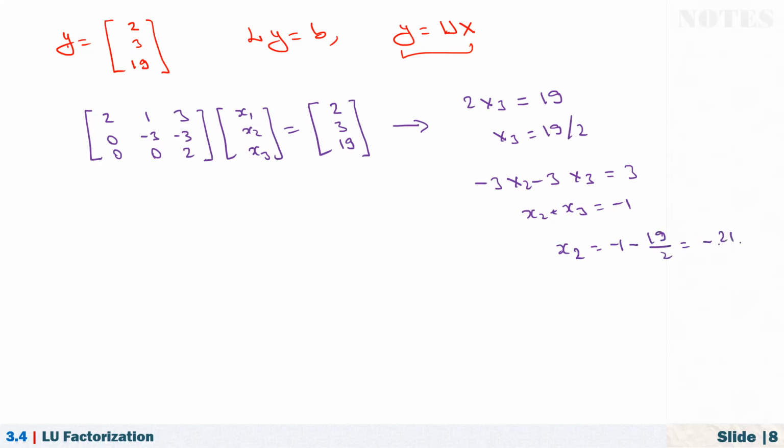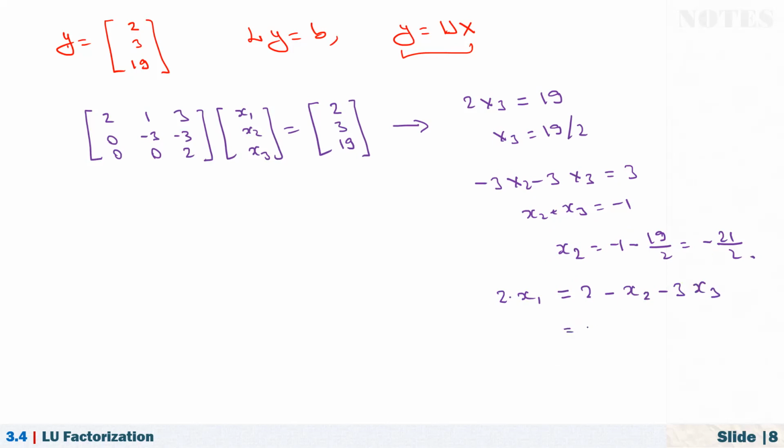So that is minus 21 over 2. And the first one, so here we have 2 times x1 minus x plus x2. So x2 is, let me just write here, it is 2 minus x2 minus 3x3, right?